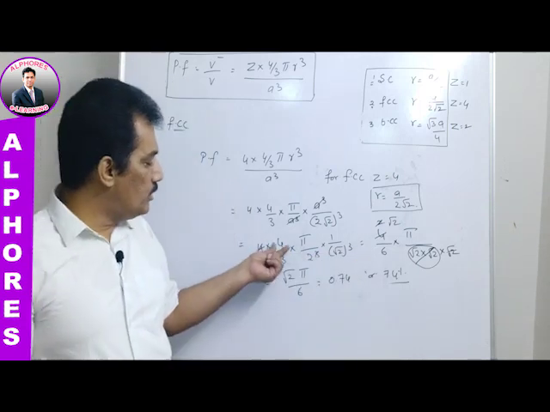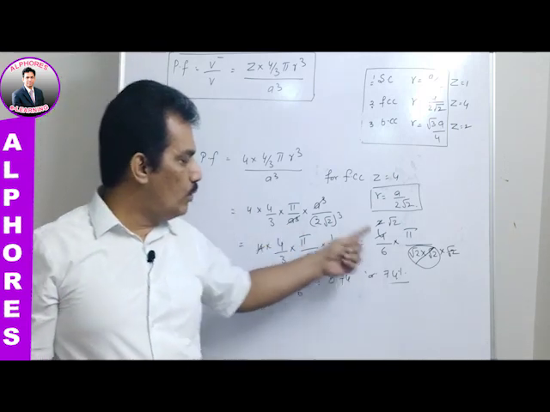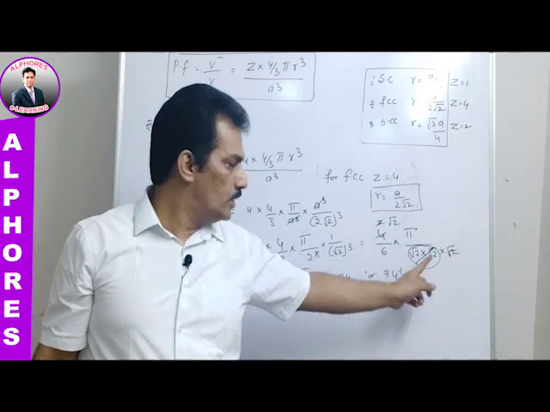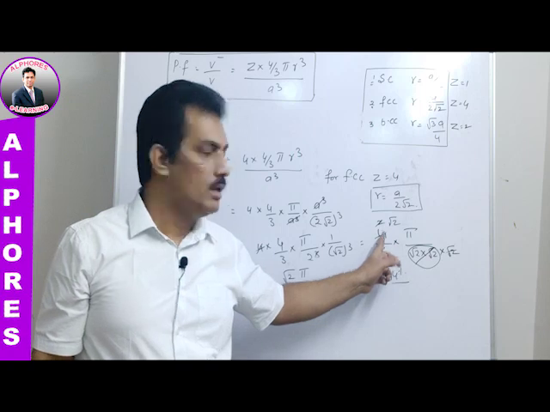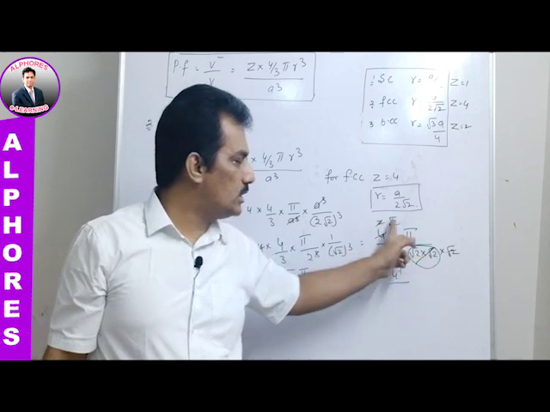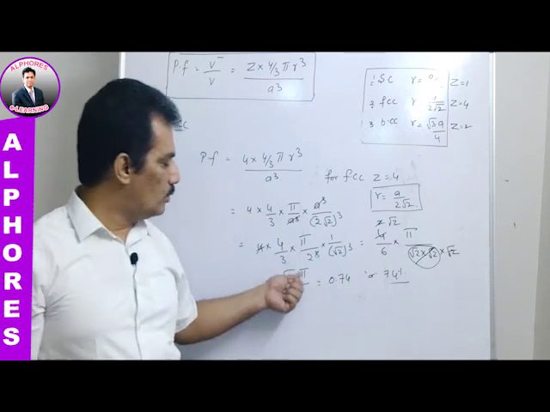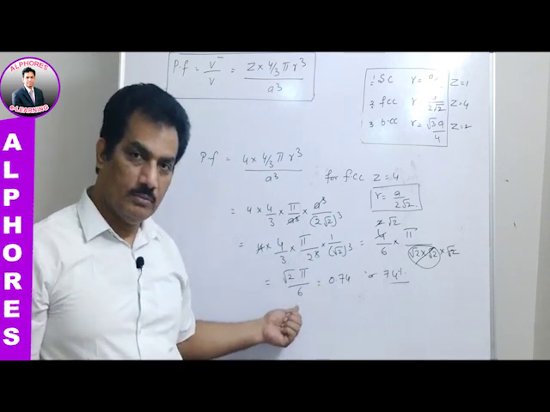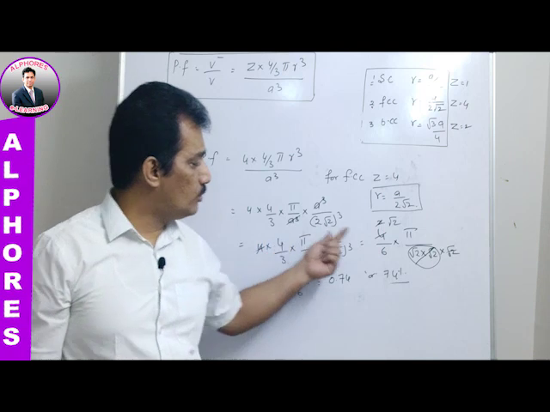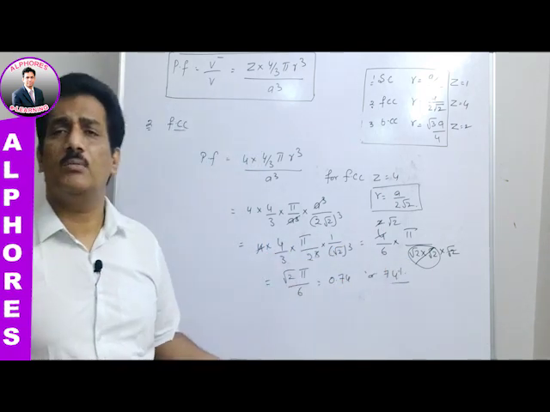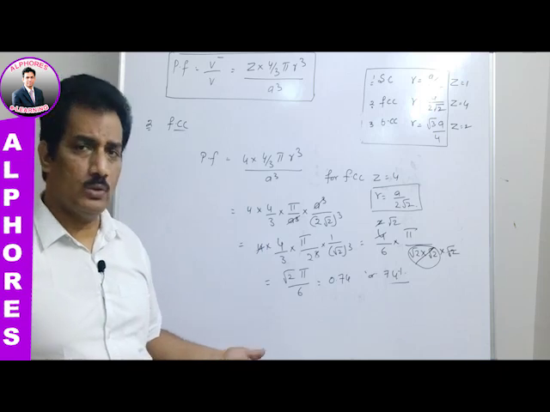The remaining value is 4, and this root 2 into root 2 is 2, so 2 times. The remaining 2 by root 2 is nothing but root 2. That's why we are getting √2 π by 6. Are you clear with this one? Just practice this. After cancellation, it is nothing but the cancellation of the roots.